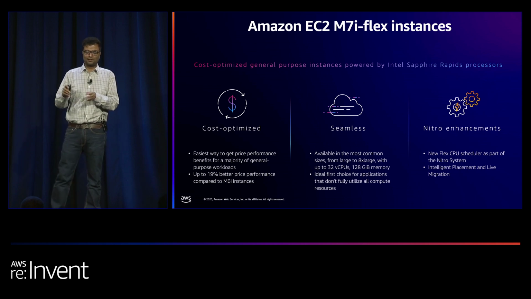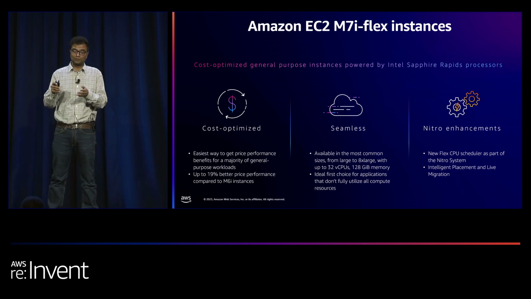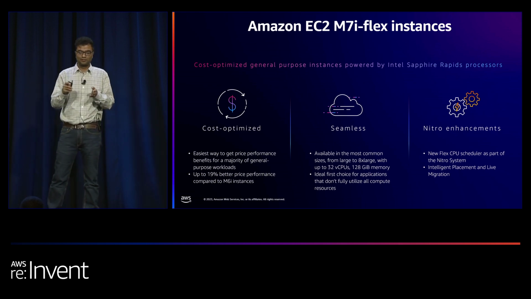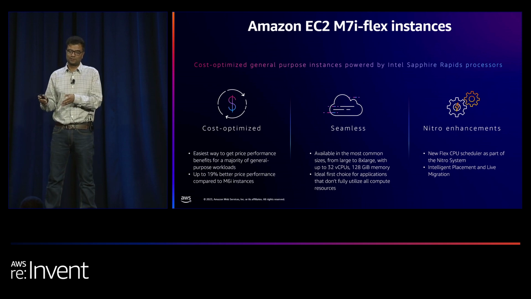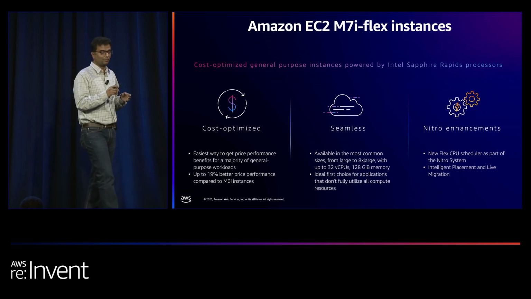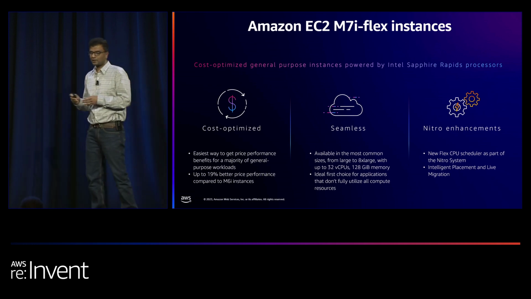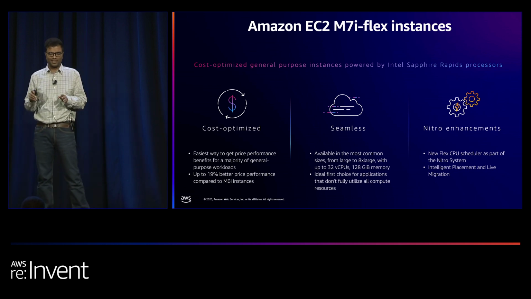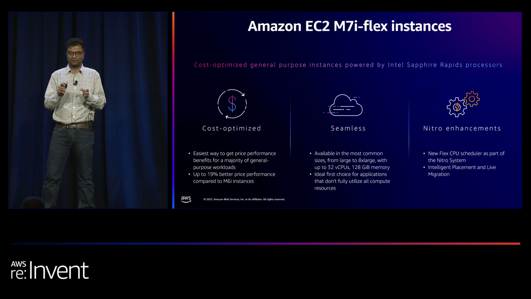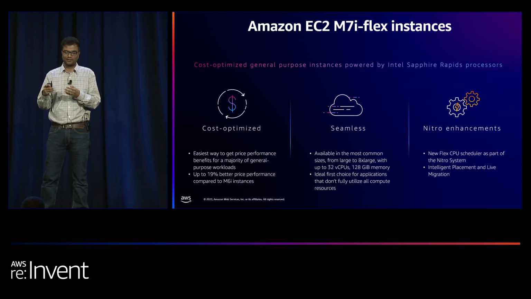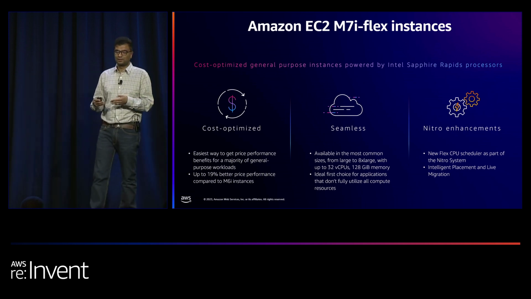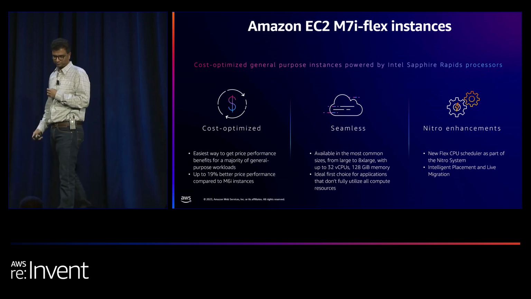Also, encompassing our Nitro System and Nitro hypervisor, we also had Nitro management services comprising intelligent placement and live migration that ensure that M7i Flex instances get the CPU that they need instantly by leveraging the servers across the EC2 fleet. So net, the AWS Nitro System allowed us to enable the M7i Flex instances, and it allowed us to get the CPU resources that they need within the server, as well as across the server, to deliver reliable and consistent performance.